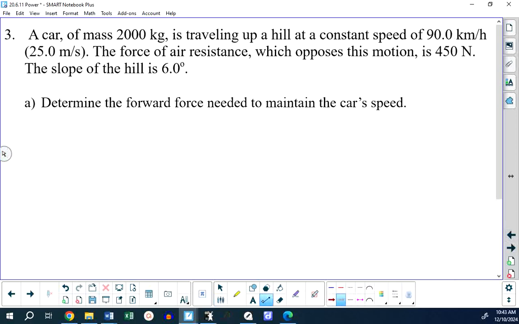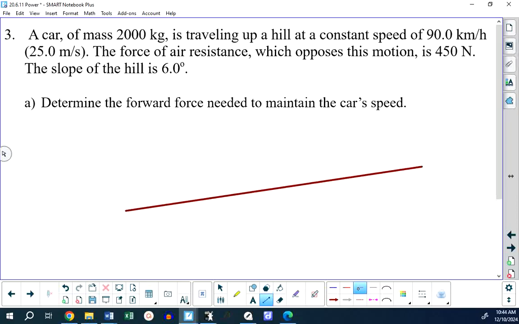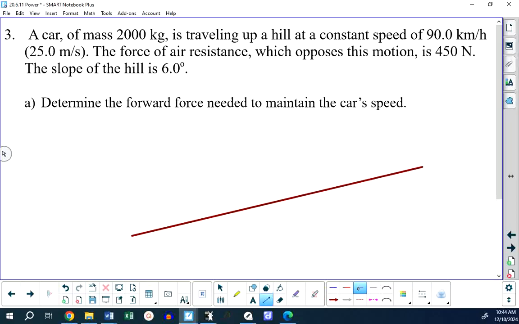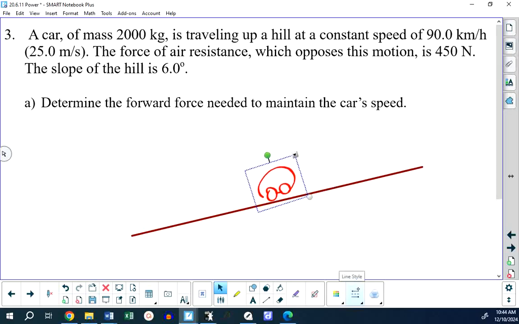So if we draw, 6 degrees. Now 6 degrees is pretty shallow. I'm going to draw it angled more than 6 degrees so it looks better, so it's easier for us to understand. And we have a car. It is going up the hill.